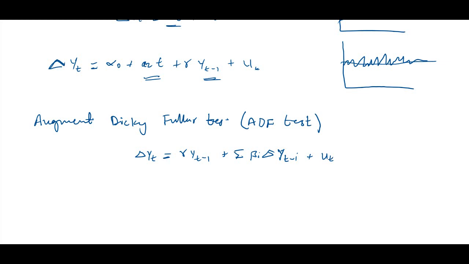Then we add the error term ut. So this is the first version of the augmented Dickey-Fuller equation.